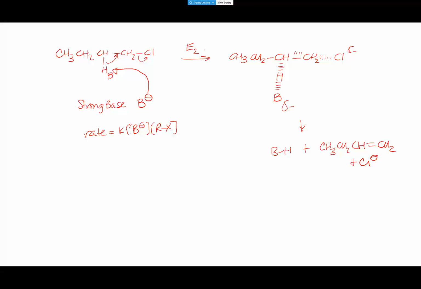So now all I got to do is figure out what my strong base should be. That's all I have to figure out.